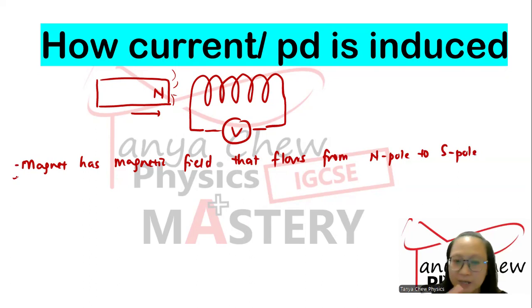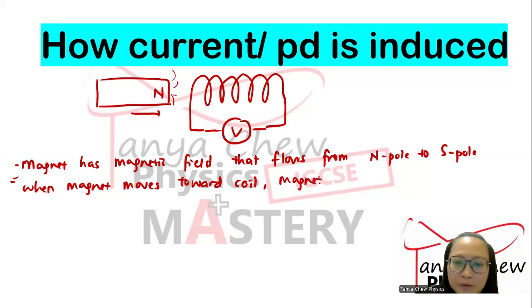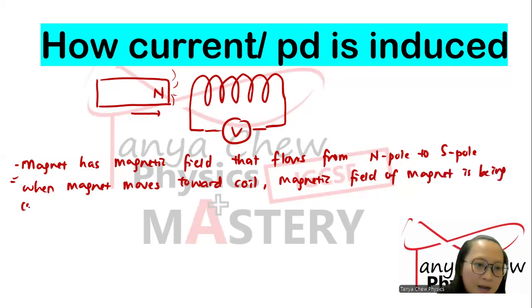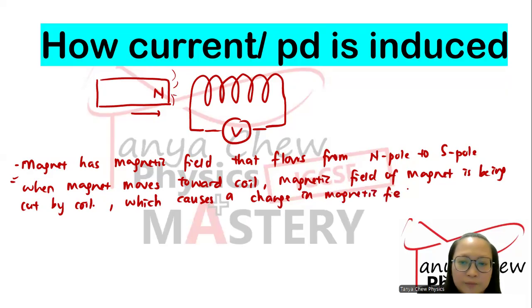And then when the magnet is inserted into the solenoid or the coil, right? So when the magnet moves towards the coil, the magnetic field of the magnet is being cut by the coil, which causes a change in magnetic field.